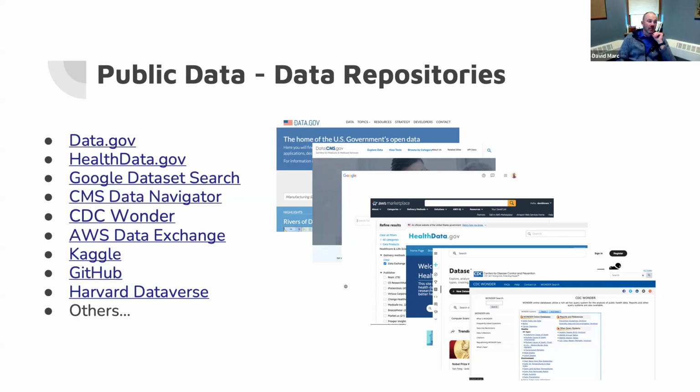AWS Data Exchange allows you to actually use an API and load data directly into Amazon servers if you are managing an S3 server, and you can analyze and use the data using the AWS products. So data providers can publish their data on this data exchange for access and use. GitHub has a forum where developers can share software and code with other developers, and many times they make data sets available in GitHub.